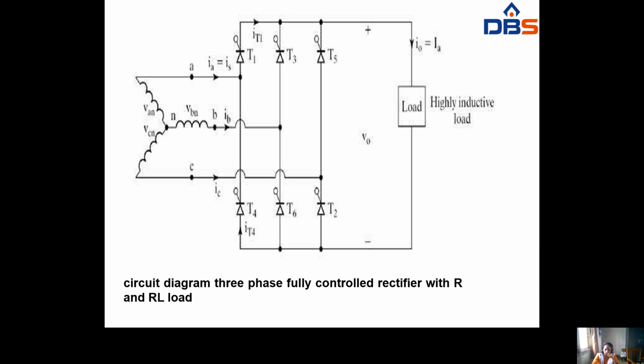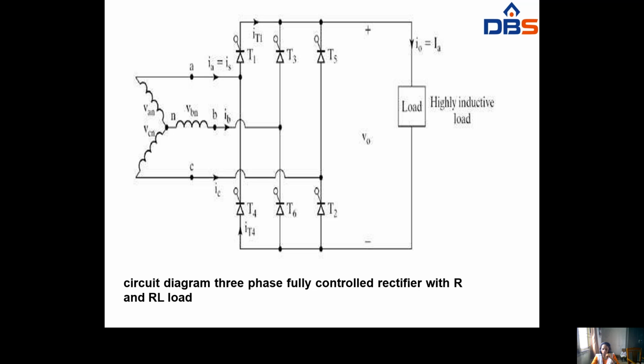This is the circuit diagram for the three-phase full wave control, and it is also called 6 pulse converter. Why do we call it 6 pulse? Because here we have six thyristors, and we are supplying three-phase supply. T1, T3, T5 are called the positive group of thyristors, and T2, T6, T4 are called the negative group of thyristors. Why positive?